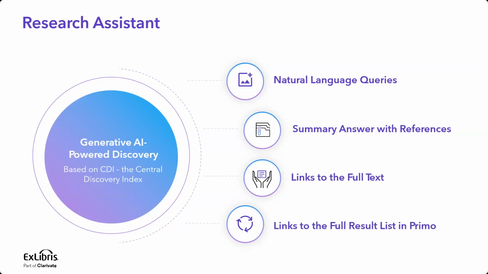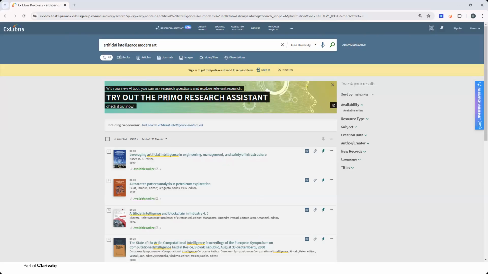We're leveraging AI capabilities, but we are running them on our trusted data in the CDI, the Central Discovery Index. And with that, I'll do a quick demo to show you where exactly we meet the Research Assistant in Primo VE.